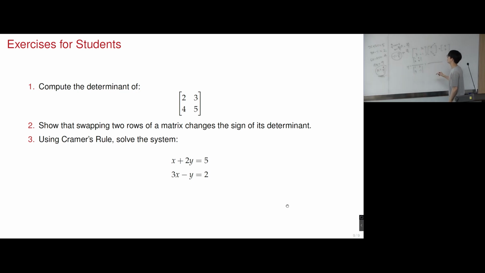The bottom part, we're still going to get minus 7, right? That doesn't change. For the upper part, we get 2 minus 15, which is minus 13. So we get 13 over 7 for y. And that's the answer we already got. y was 13 over 7. So that's how you use Cramer's rule to solve the problem, okay?